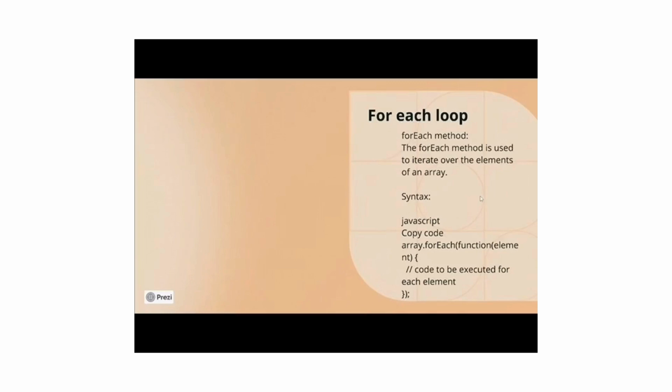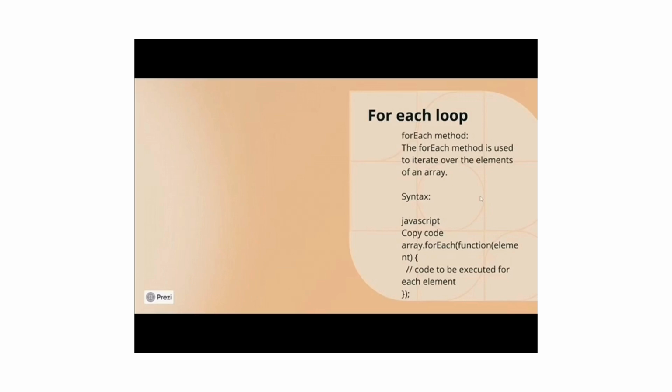Okay, next we are going to discuss the for each loop. The for each loop was created to handle arrays in the easiest way. This is the major advantage of the for each loop concept.